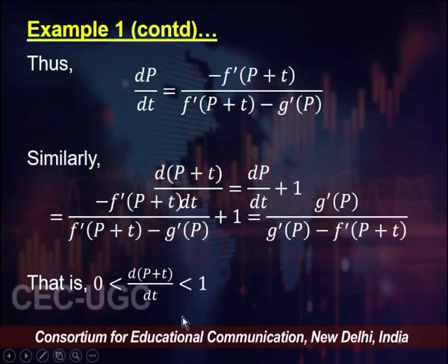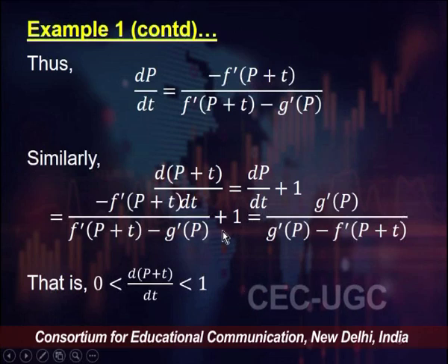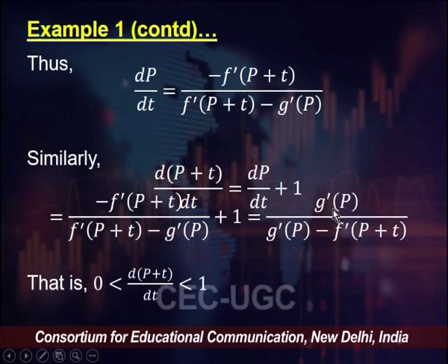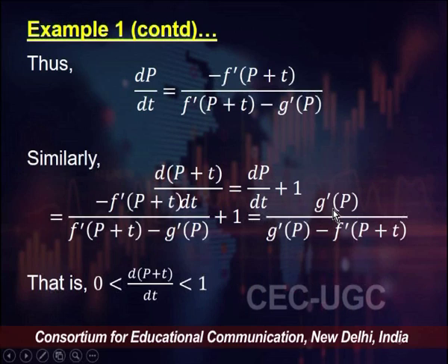If I take the LCM, then in the numerator I will get g prime, and in the denominator I will have g prime minus f prime. So, whichever way you want to write it.